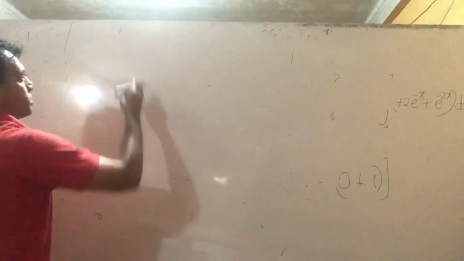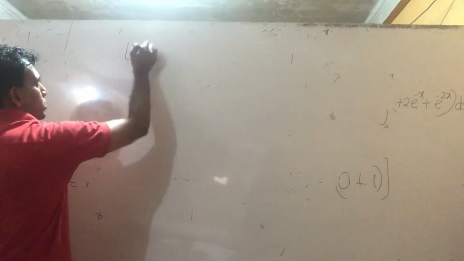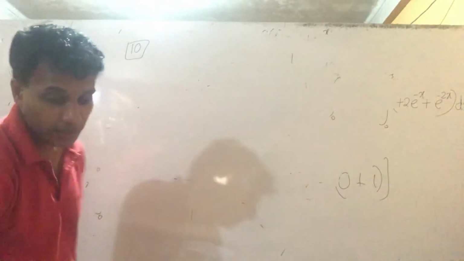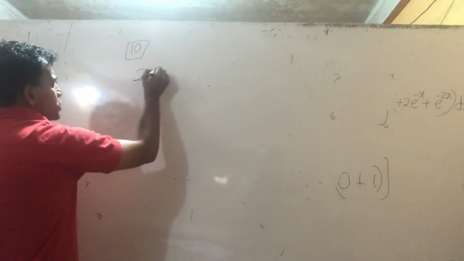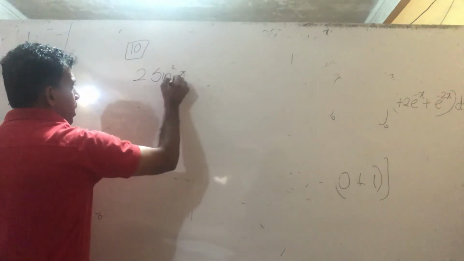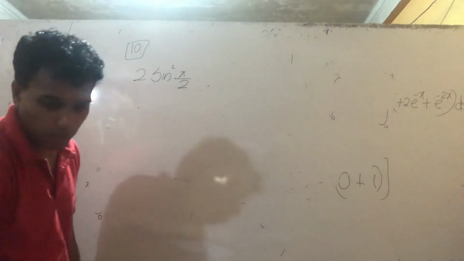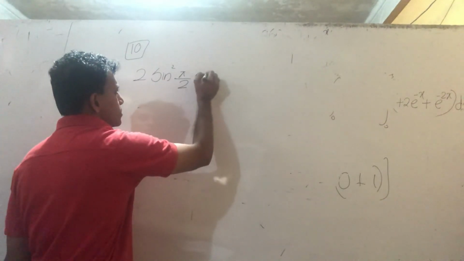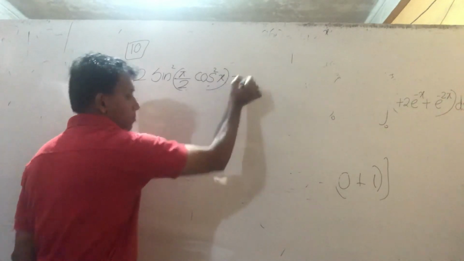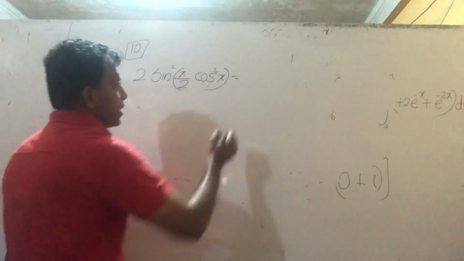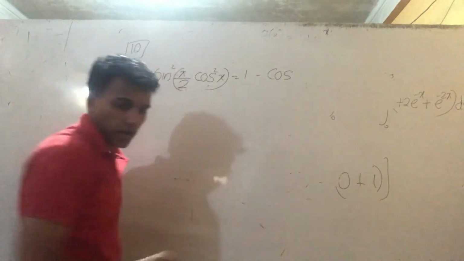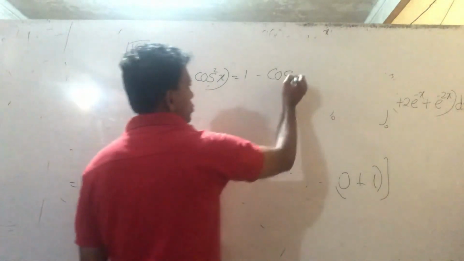Question number 10. There's a trigonometric part. Find the value of cos 2x, given 2 sin²(π/2 cos²x) = 1 − cos(π sin 2x).